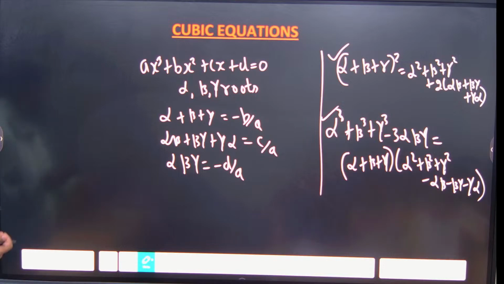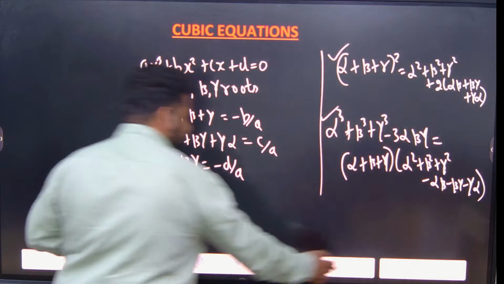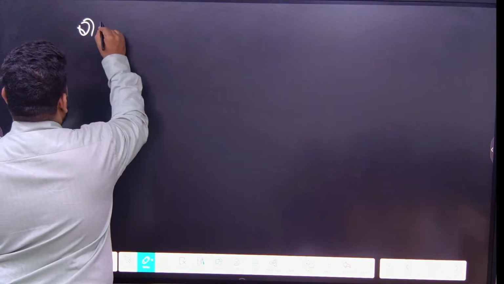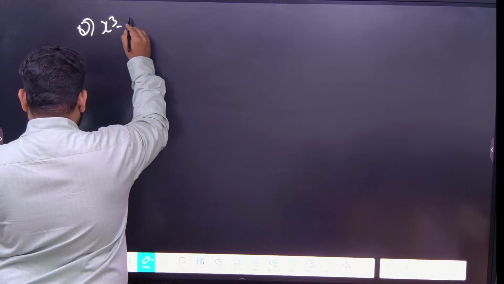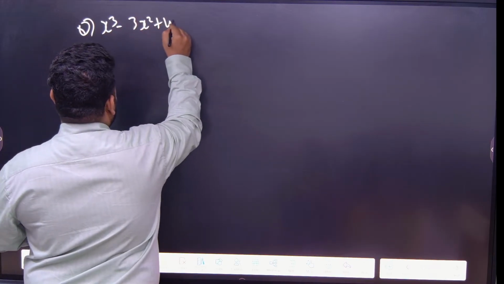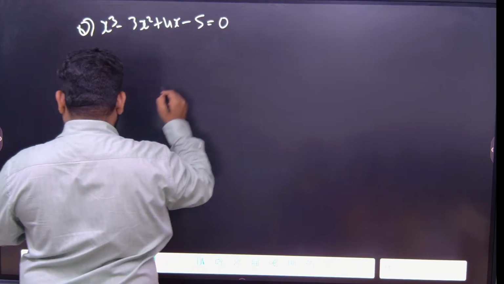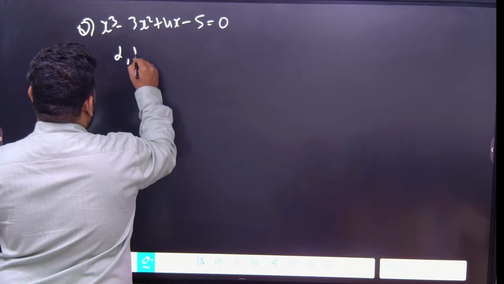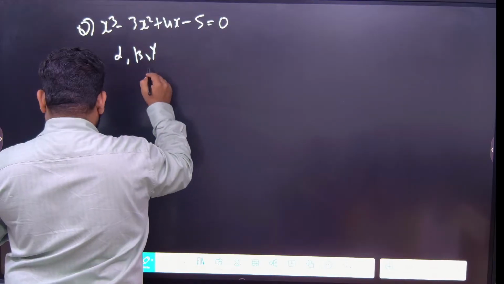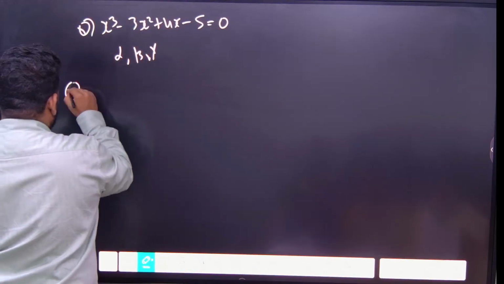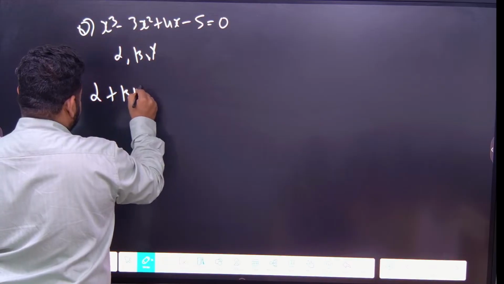Okay, done. Now we will take up a question. They have given x cube minus 3x square plus 4x minus 5 is equal to 0. Alpha, beta, gamma are the roots. First, find alpha plus beta plus gamma.